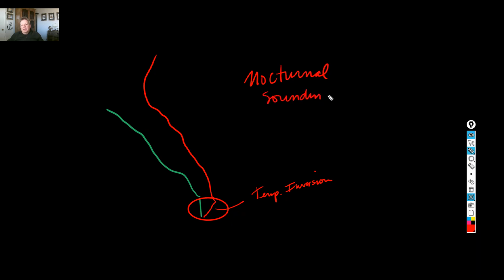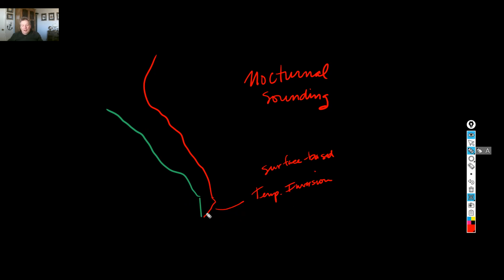This is what you would expect to see at night, because the temperatures are going to go down. So this is a surface-based temperature inversion.